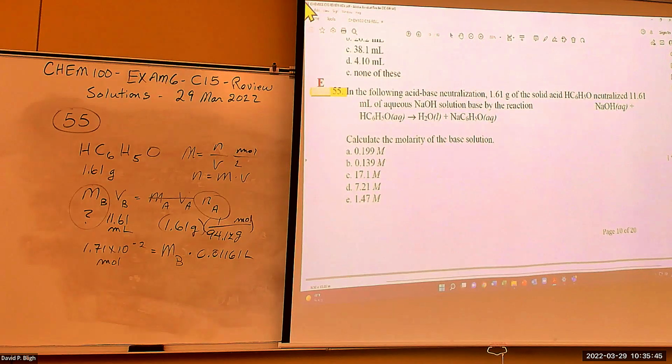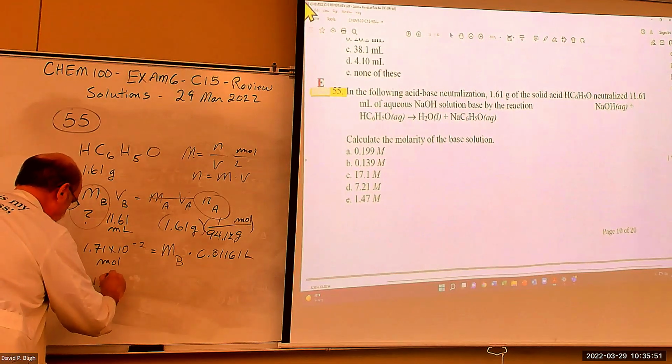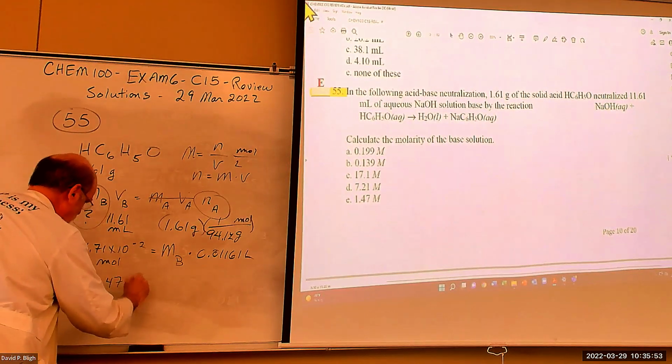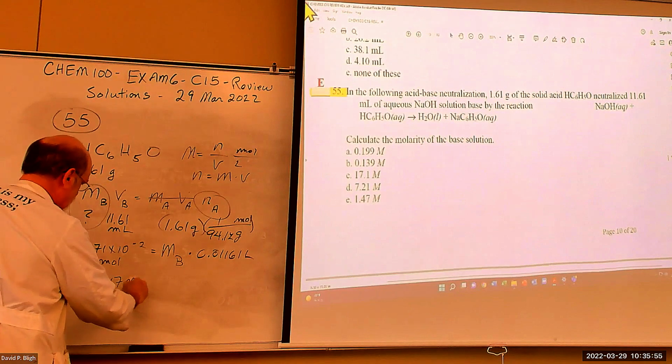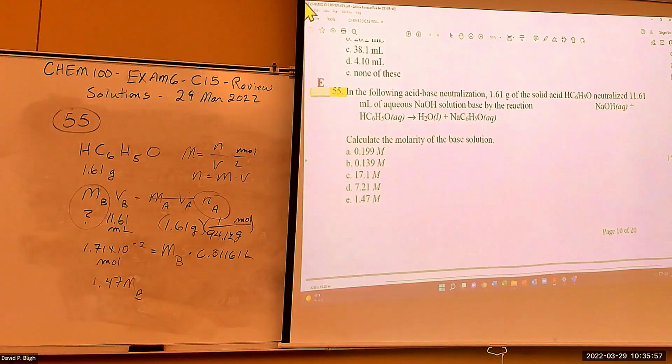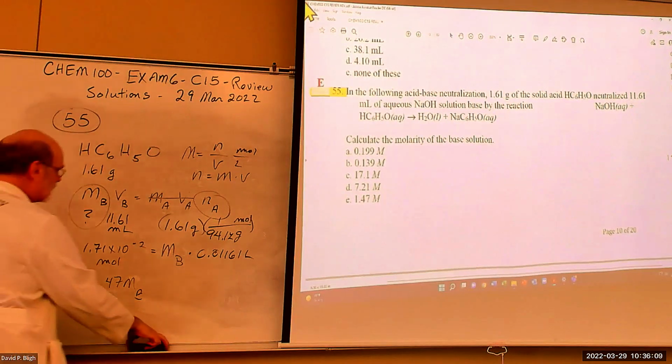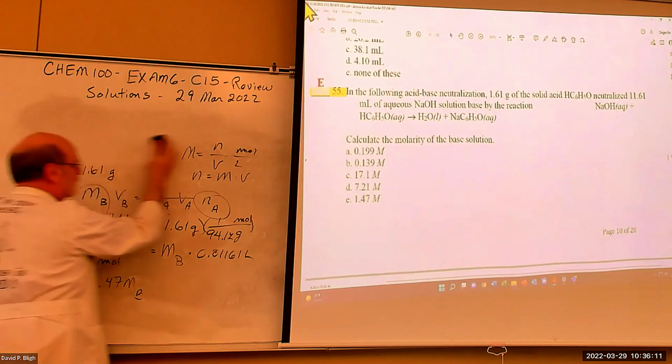And I get 1.47. 1.47 molar for the base. There it is. Okay. Did I lose anybody in this logic? Okay. Good deal.